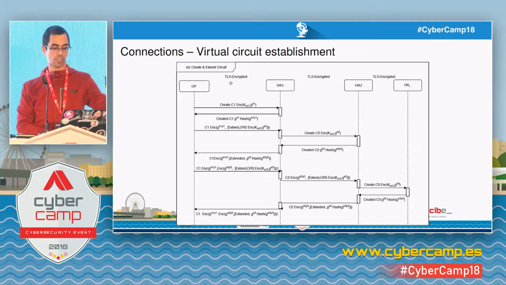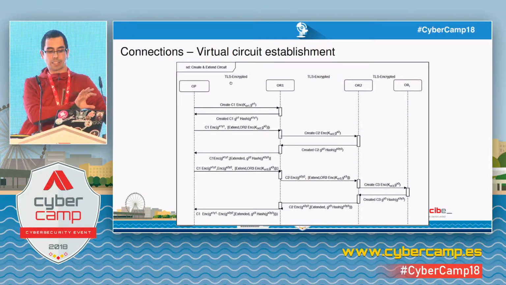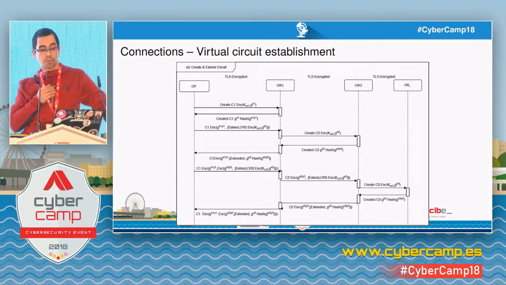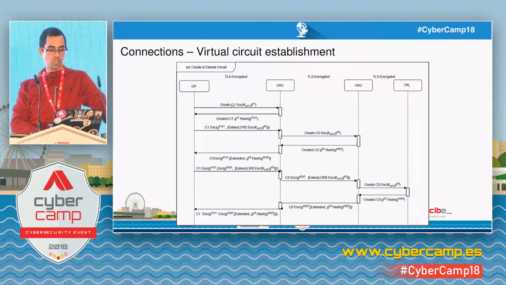So this that we have here is a client who wants to connect to Tor network. So this is a set of steps that are followed to establish the virtual circuit of communication. We see one of the nodes being connected. This is the encrypted layer.